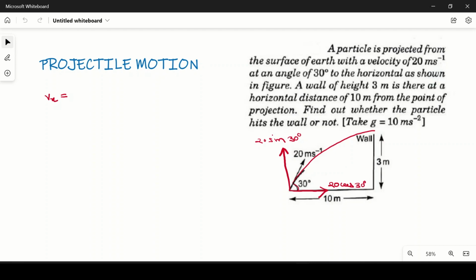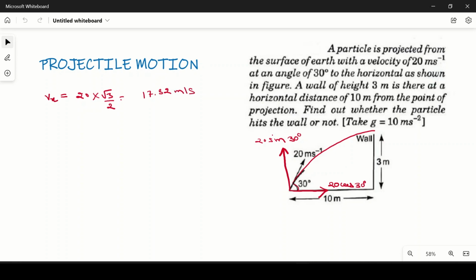Cos 30 is root 3 by 2. So 20 into root 3 by 2, which you can calculate from the calculator, equals 17.32 meter per second.